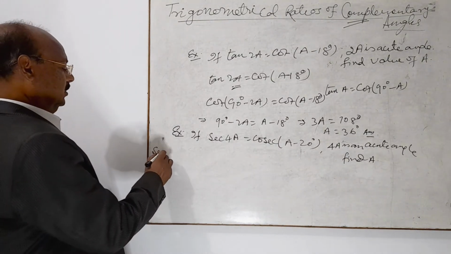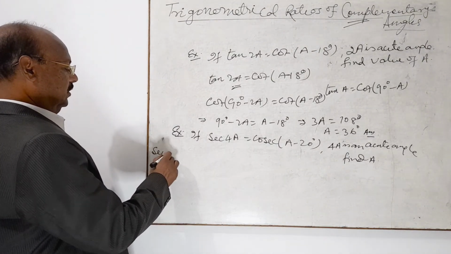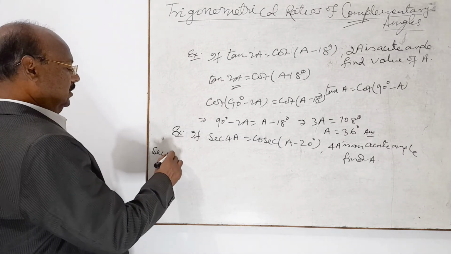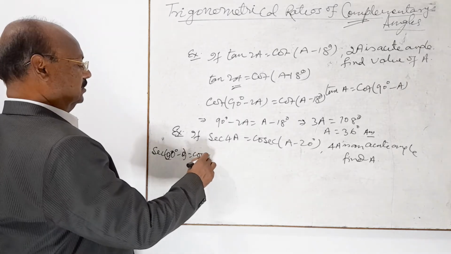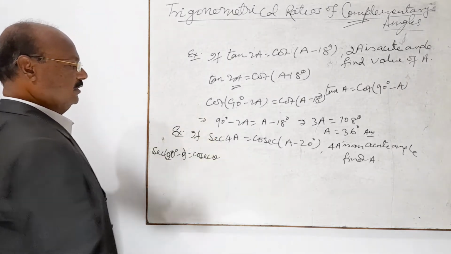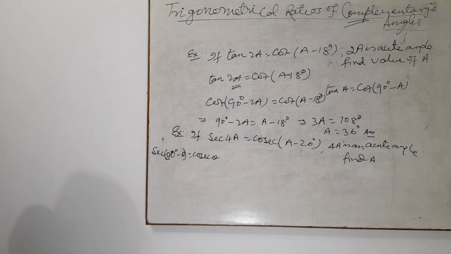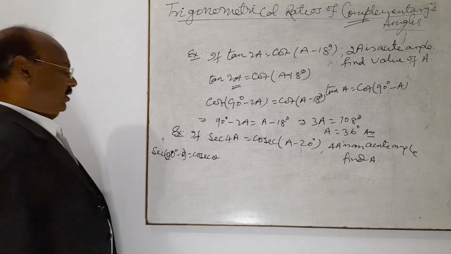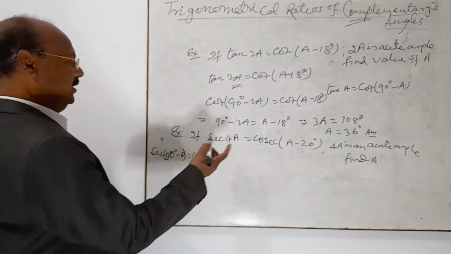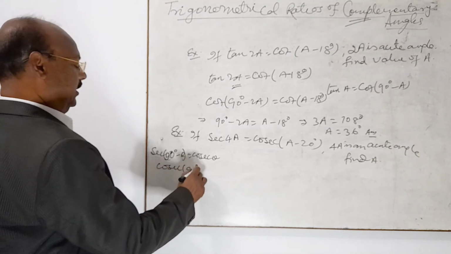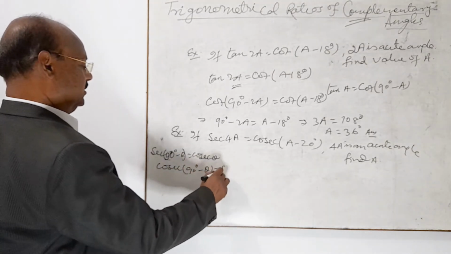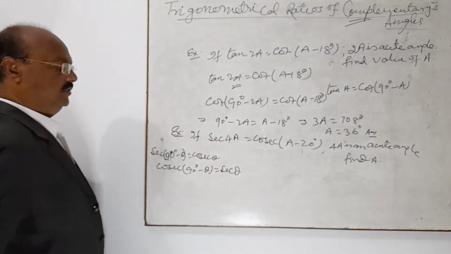You know, sec of 90 degree minus theta is equal to cosec theta. Correct? Or you can similarly write cosec of 90 degree minus theta is equal to sec of theta.